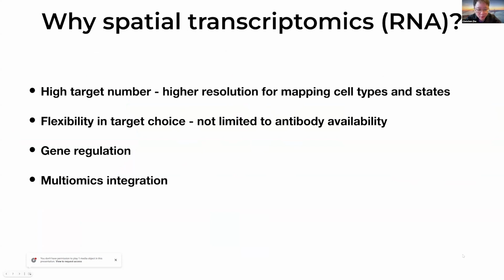The reason we chose this is that for RNA targets, we don't need to validate the antibodies. Essentially, we are going with oligos complementary to our gene of interest. The number of targets is also higher than the spatial proteomics assay that we have. We can look at gene regulation because RNA is more direct to the DNA. And we can also do multi-omic integration together with our Codex data.